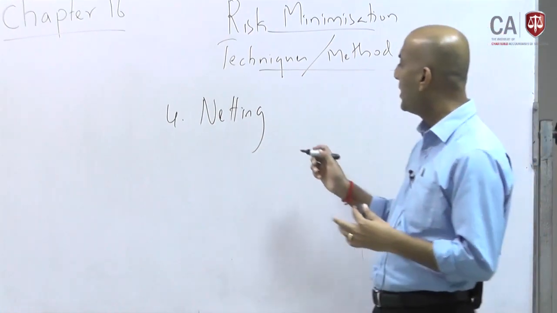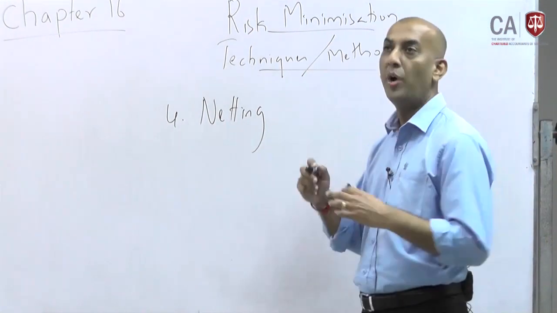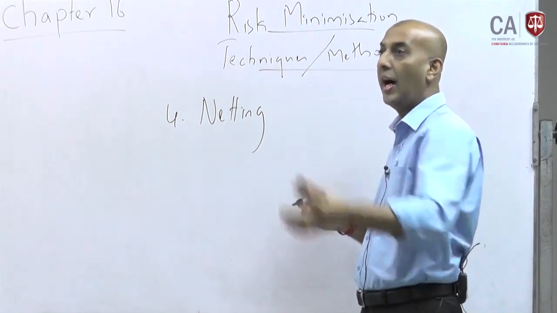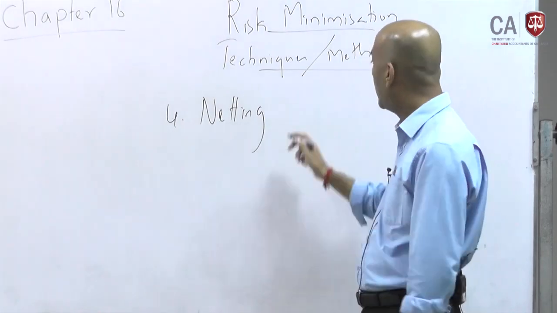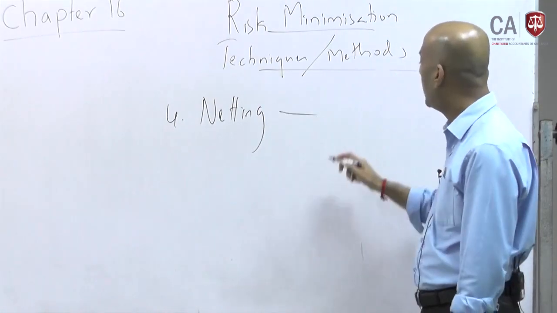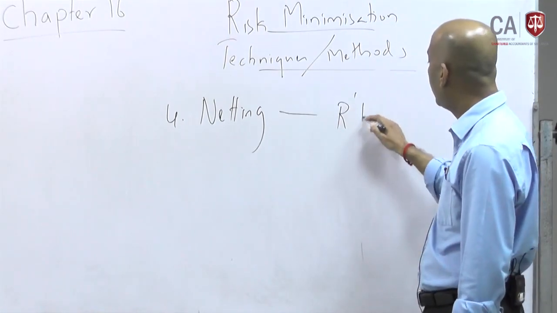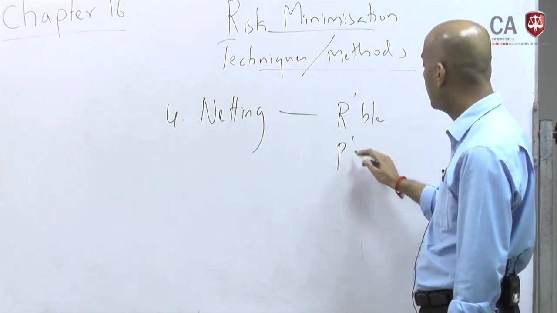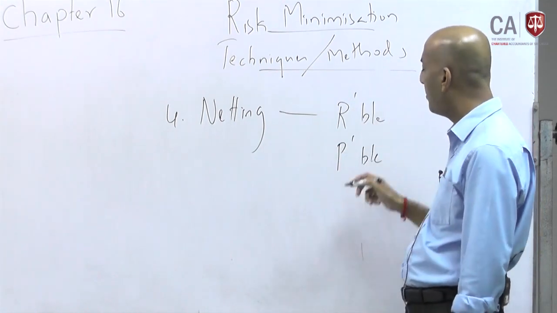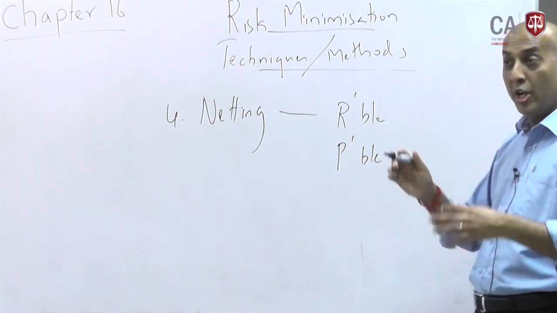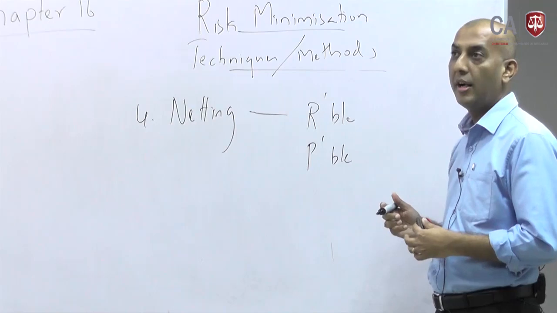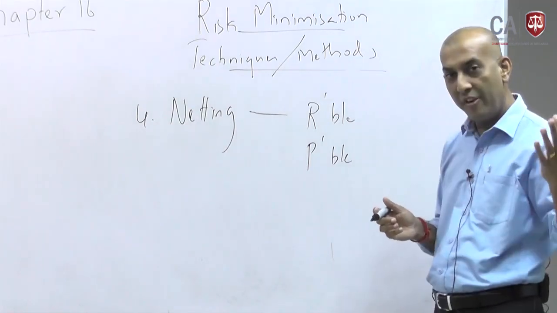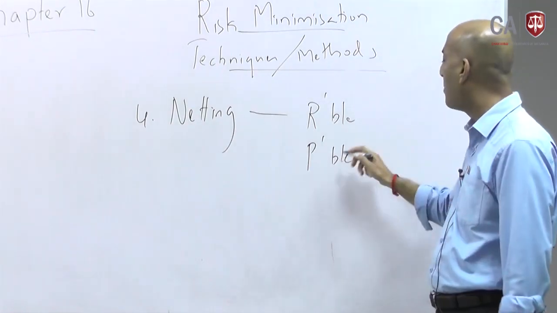You, being a multinational company, have your subsidiaries, associates, or other group companies which have transactions with you, resulting in receivables and payables. You will have receivables and payables with companies in various countries.